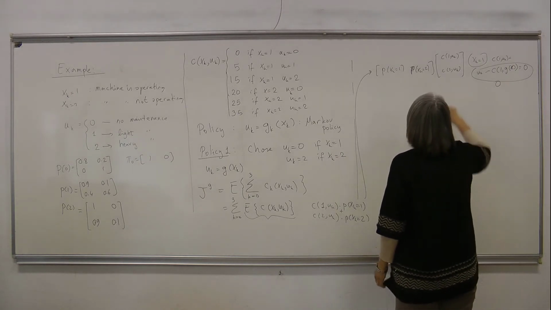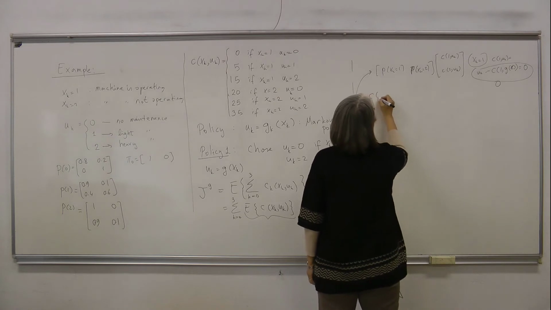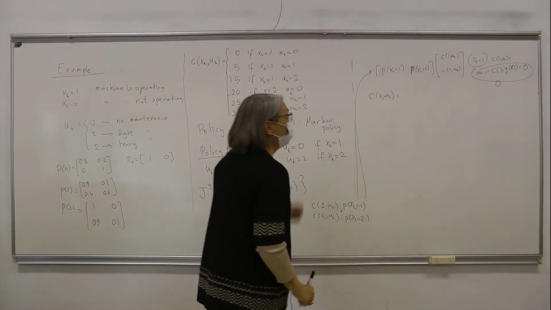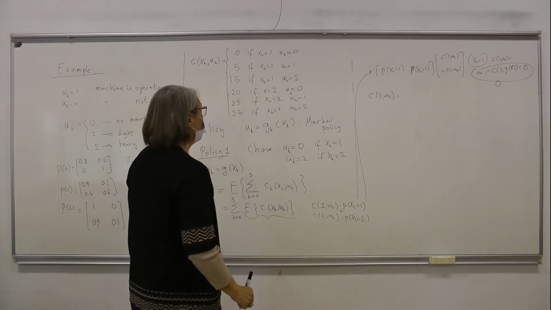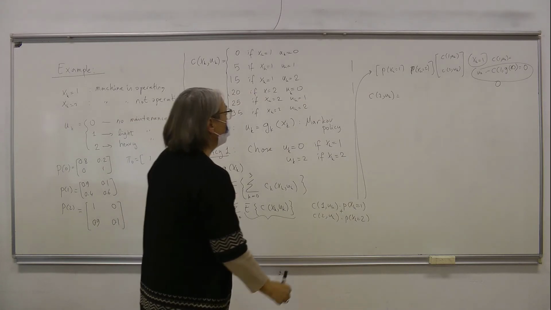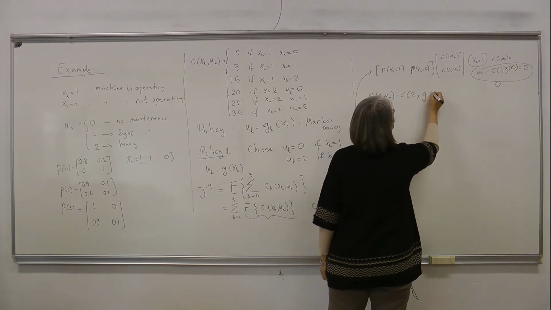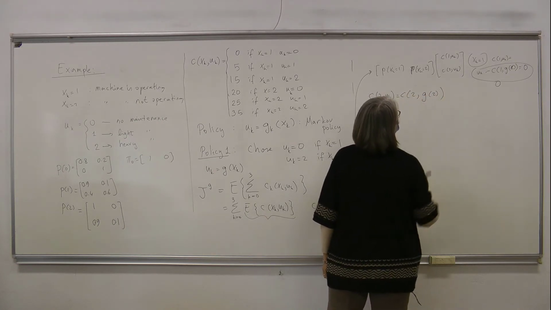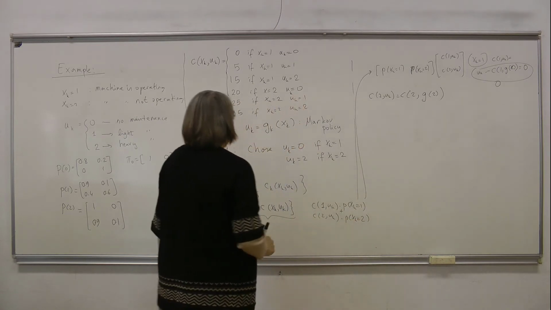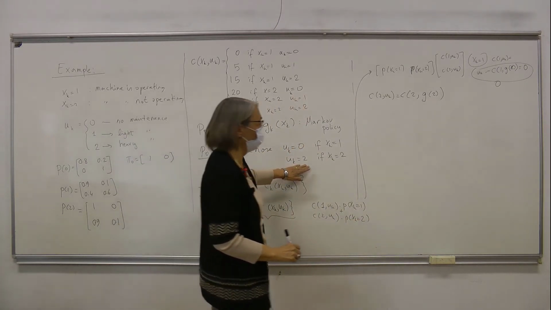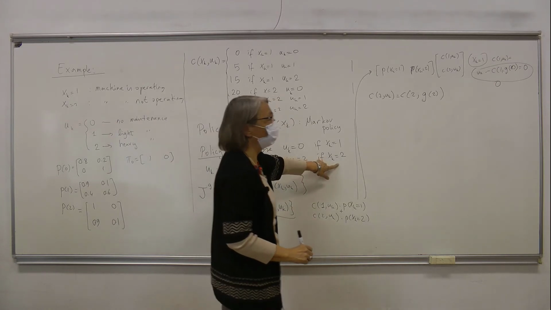Now, let's look at the second one. C of 2 and uk. That is equal to C of 2 and uk. State is equal to 2. So this is C of 2 and g of 2. Our g function is already defined. And g of 2 gives us the value of uk as 2, because the state is equal to 2.